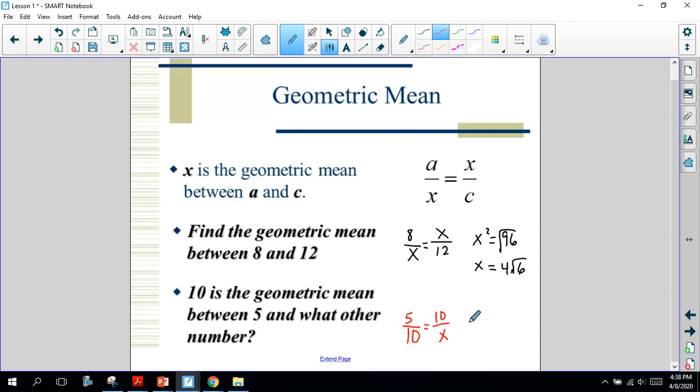So there's my proportion. 5x is equal to 10 times 10, which is 100. And x ends up equaling 20. All right, so just a little review there of geometric mean, which is going to be useful because in the next theorem that we get into, we're going to be talking about a geometric mean within that theorem.